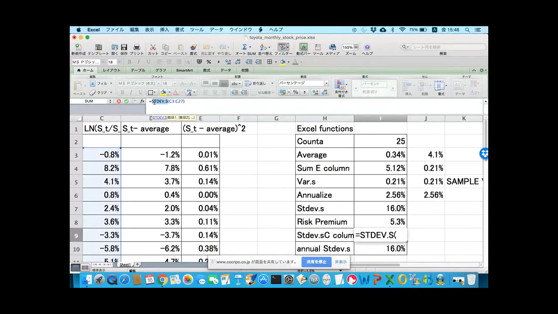You just put in your growth rates, the 25 growth rates from C3 to C27, like this.